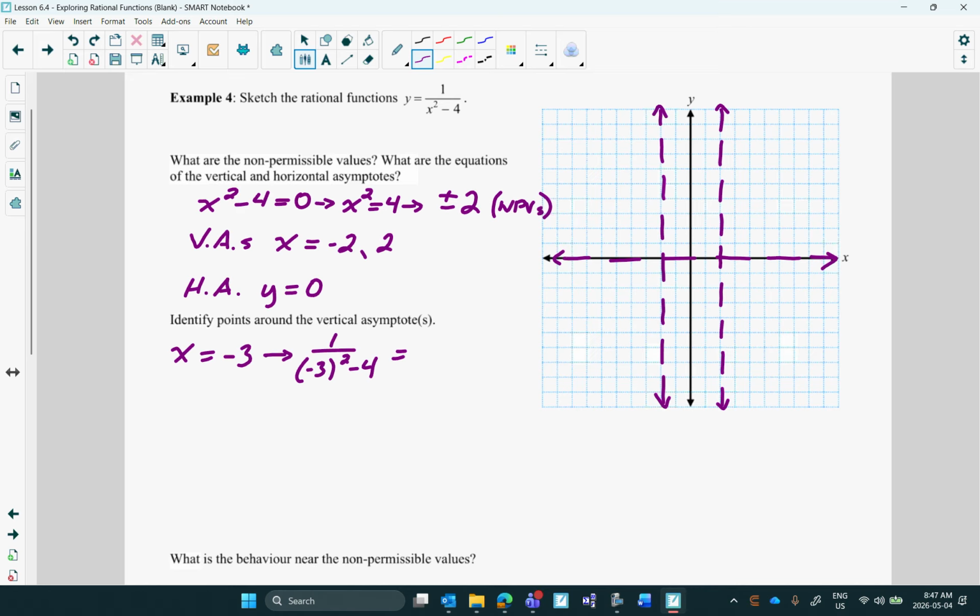Well, -3 all squared minus 4, so it's 1/5. So the point here is -3, 1/5. So it's going to be about here.